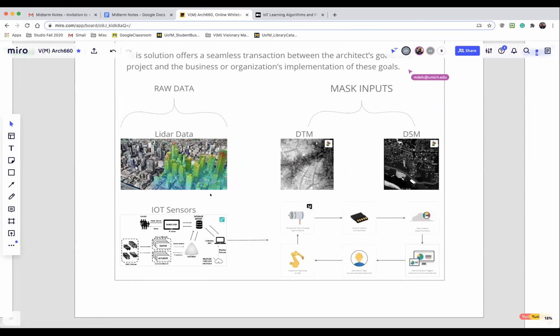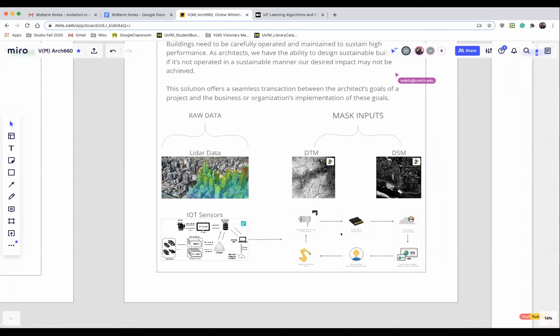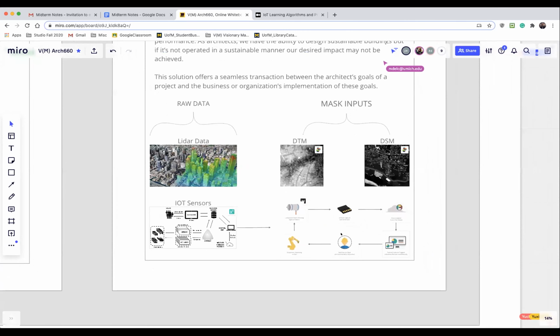So our solution proposition offers a seamless transaction between architects' goals of projects and the businesses or organizations that are implementing these goals or using them. We pretty much want to take the raw data of LiDAR and IoT sensors, analyze the LiDAR data potentially with DTM and DSM, and then combine that with the IoT sensors to offer solutions to the people that are actually using the buildings.